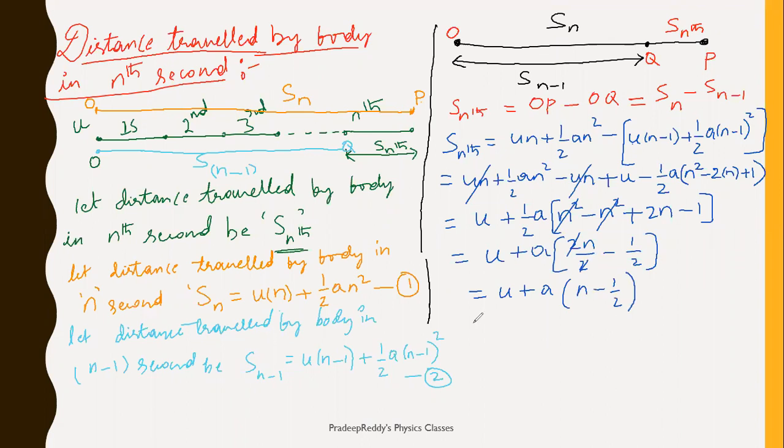So the final expression you get is: the distance traveled by the body in the nth second is equal to u plus a of n minus 1 by 2. This is the final expression for the distance traveled by the body in the nth second.